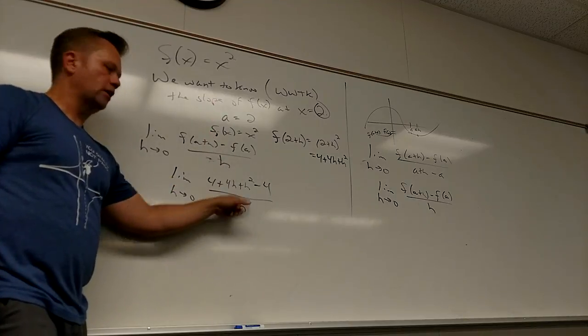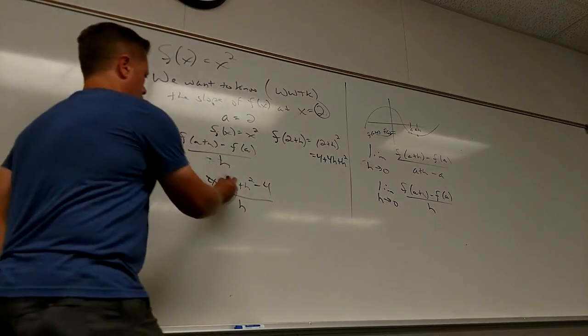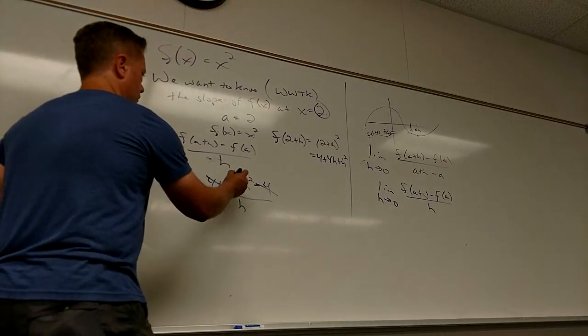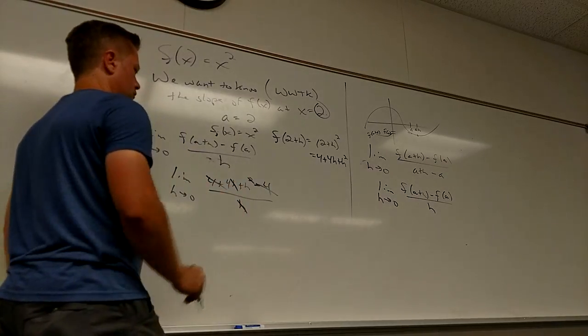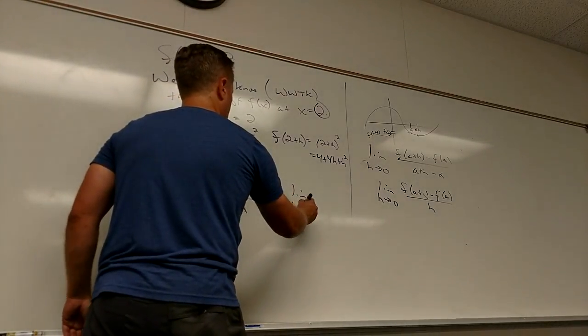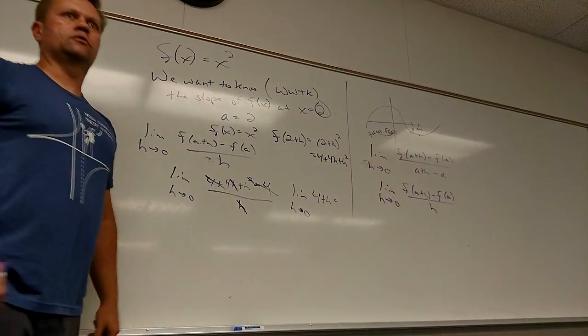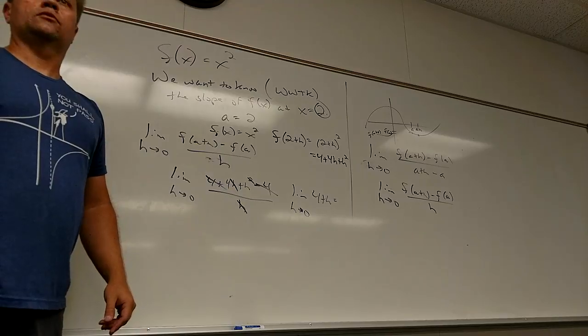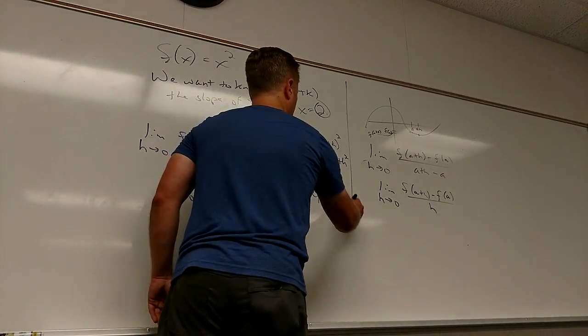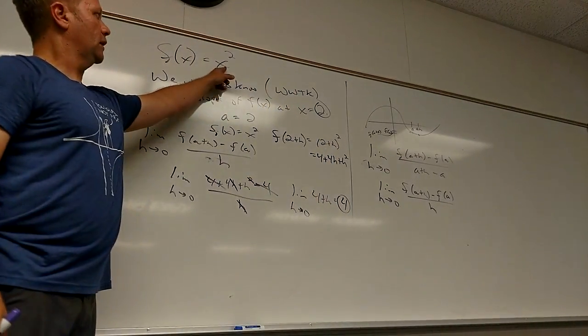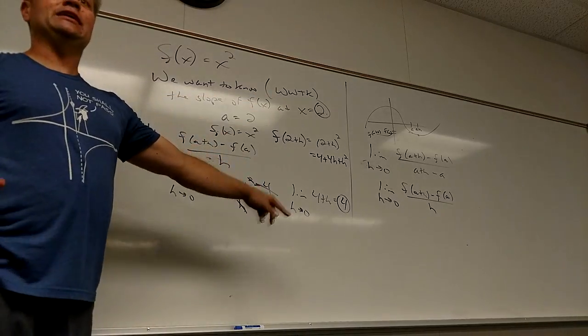And then I can kill the problem. So those kill each other, and I get the limit as h goes to 0 of 4 plus h, and of course that is 4. So the slope of x squared at 2 is 4.